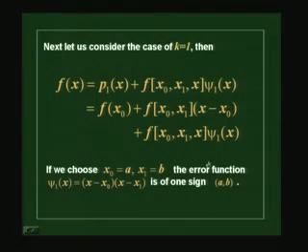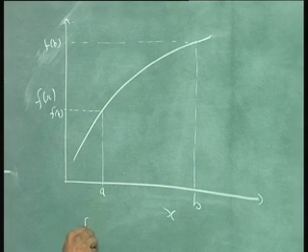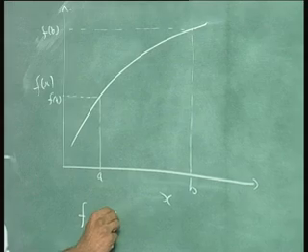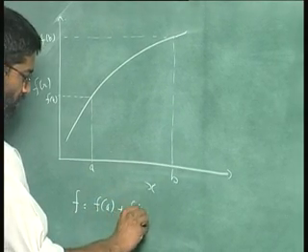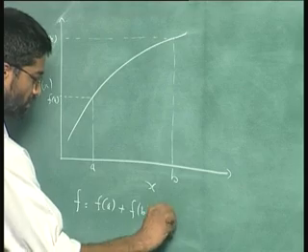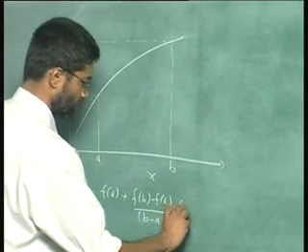So that means psi 1 of x, which is (x minus x0) into (x minus x1), will become (x minus a) into (x minus b), since x0 is a and x1 is b. That's the polynomial we have, and then we can write the integral I of f. So the function is now approximated by f of a plus (f of b minus f of a) divided by (b minus a) into (x minus a).